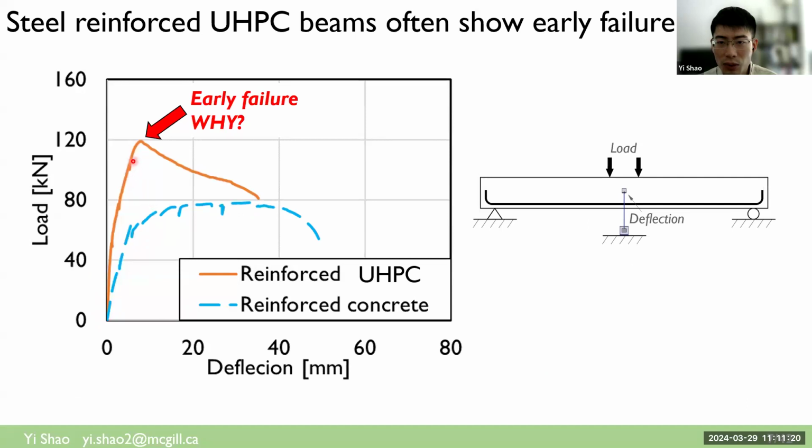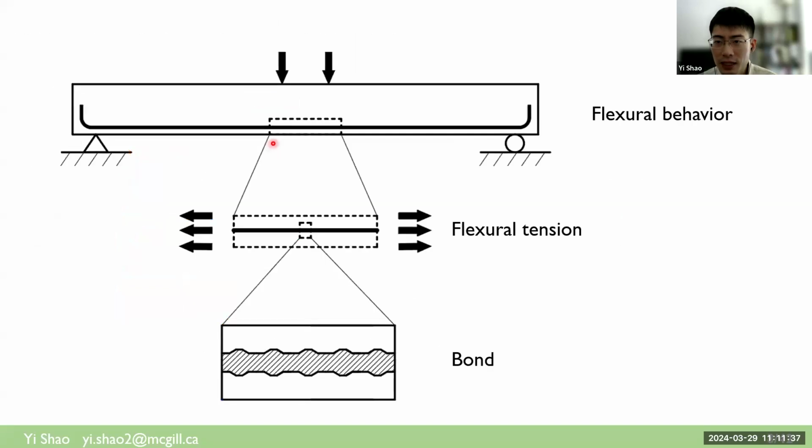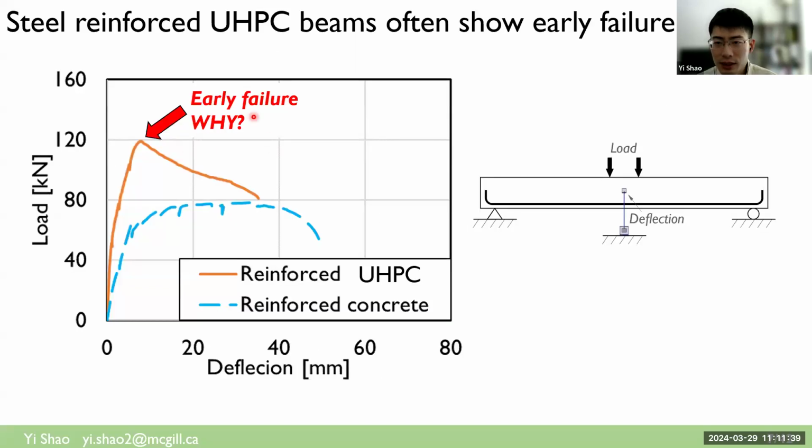So the question is, why, on the structural level, may reinforced UHPC show lower ductility than reinforced concrete? And how can we design reinforced UHPC members to actually show superior structural level performance as well? Addressing this question will be the focus of the first half of this talk.